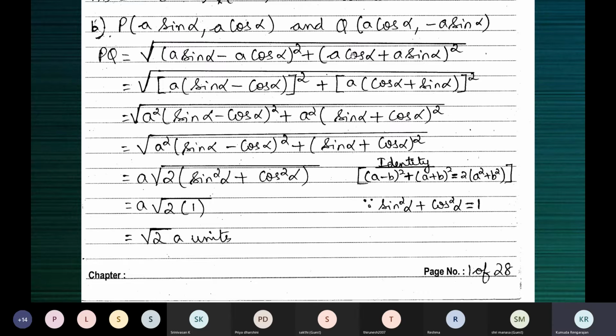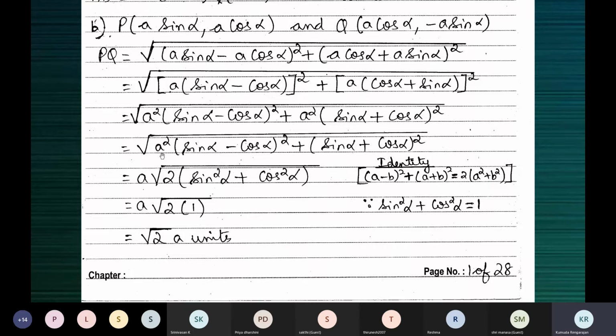So after writing this, taking out a common, make sure that you put the square carefully. Then a square, and then square these two.